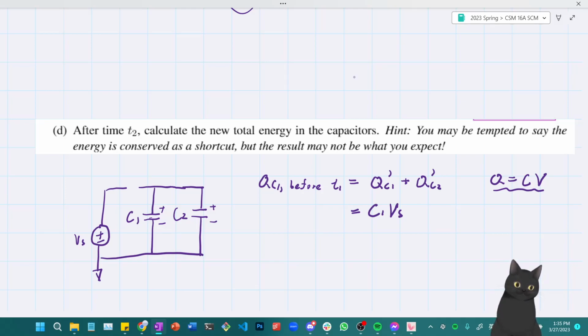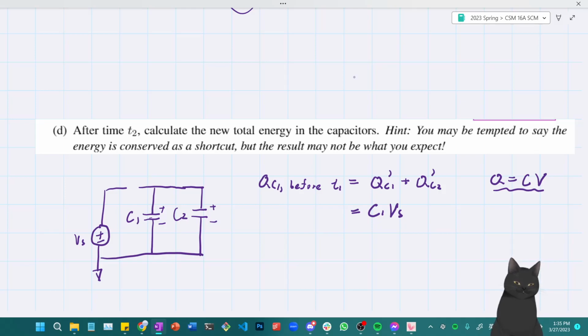So now I'm going to try to calculate this. First of all, to calculate the energy, I have to know the charge across QC2, and that is going to help me a bit.